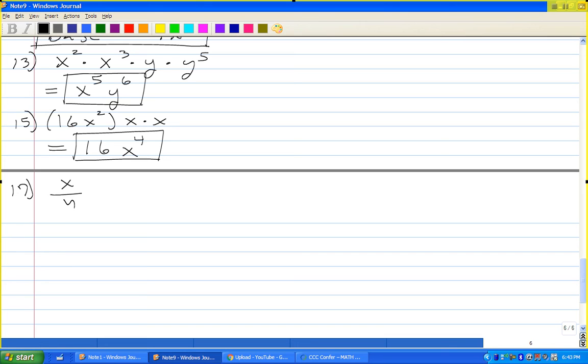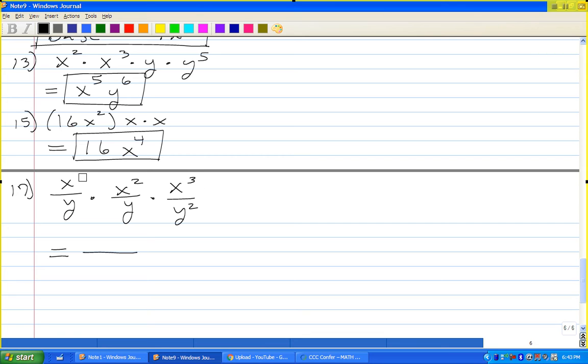x over y times x squared over y times x cubed over y squared. So I have the same base, x, and I'm multiplying. So let's multiply x to the first times x squared times x cubed.